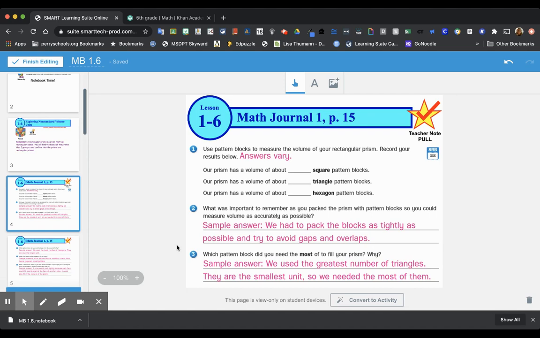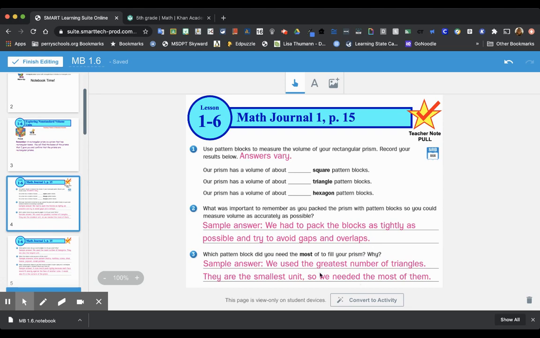So what's important when you pack the prism with those square blocks, or the cubes eventually that we'll be using, is you have to pack the blocks as tightly as possible. You don't want to have gaps. You don't want to have overlaps, just like we had with area. It needs to fit in there perfectly. And if you do have gaps, then you know that it's not going to be a great fit.